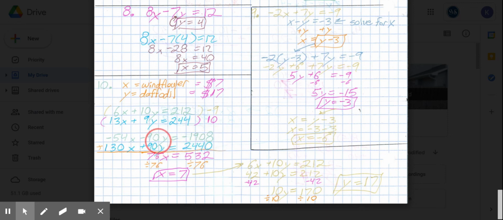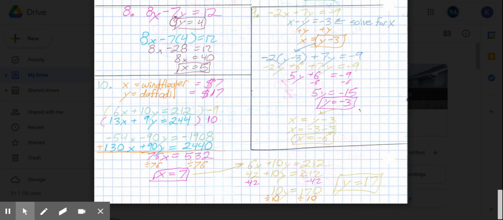When I add those, the y's cancel, so I'd have 76x equals 532. Divide both sides by 76, and x equals 7, meaning the bags of windflower bulbs were $7 each.